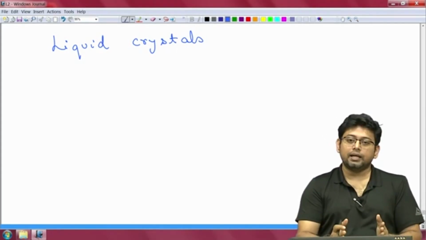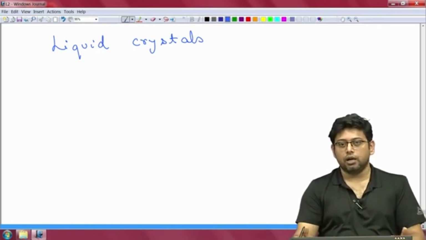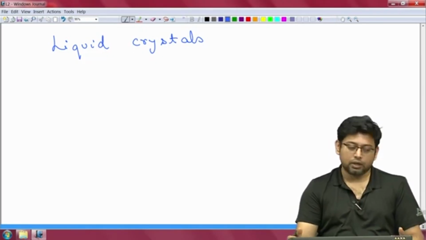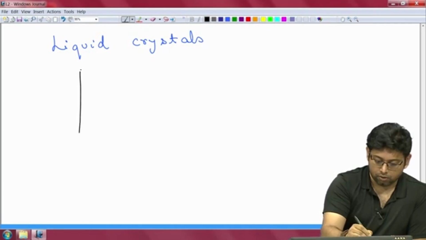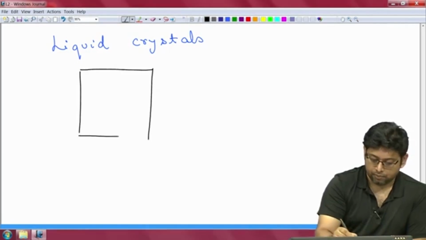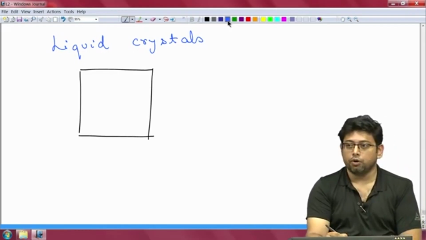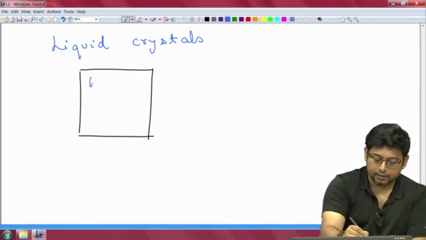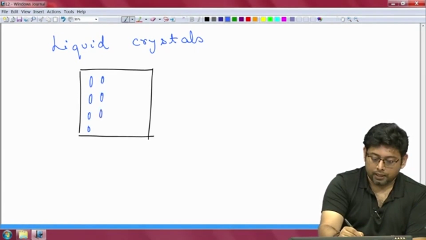So, there are materials which can lie somewhere in between a crystalline solid and a totally disordered state. For example, maybe I will draw this. Let us say you wanted to make a crystal, you have some molecules that you are going to place, and then you place them in proper lattice structures, right. So, this is an example of a crystal.